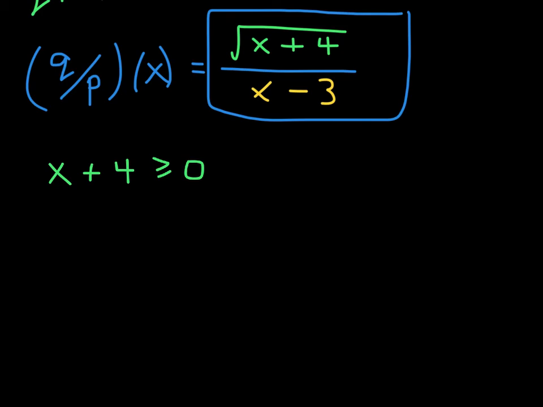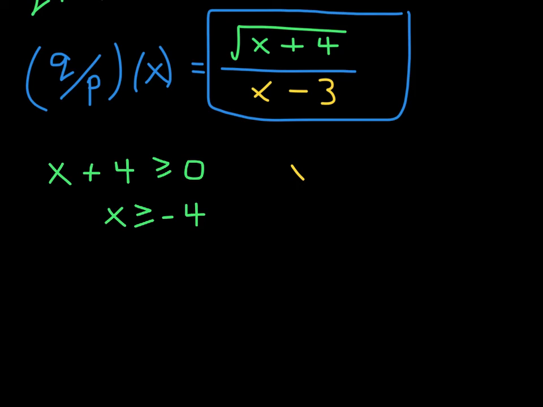We already solved this inequality. We said that x has to be greater than or equal to negative 4. So as it stands already, our domain must include x values that are only greater than or equal to negative 4. But in addition to that, notice that your denominator, which is x minus 3, let me rewrite that a little neater there.